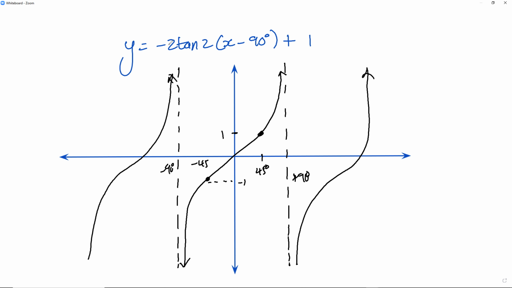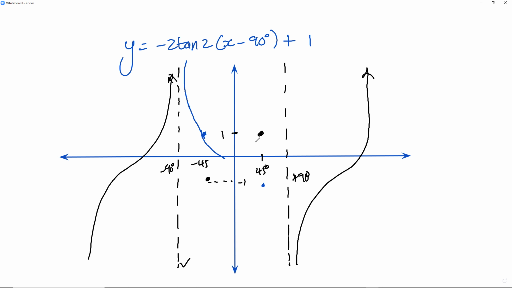Now, starting from this here, the first thing I can see is that the graph is to go the other way. Okay, so let's change it up and go the other way. So we're going to go starting from bottom left to top right. I'm now going to start from top right to bottom left. And it's going to cut through this point, which is negative 45 and 1 now. It's going to cut through 45.